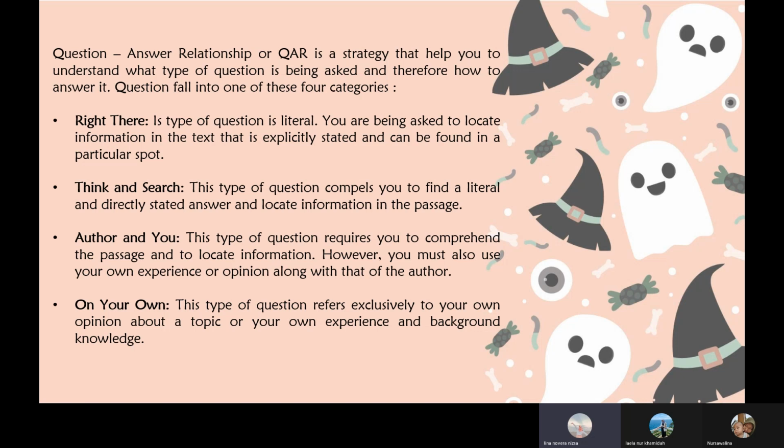However, you must also use your own expression or opinion along with that of the author. And fourth, on your own. This type of question refers exclusively to your own opinion about a topic or your own experience and background knowledge.